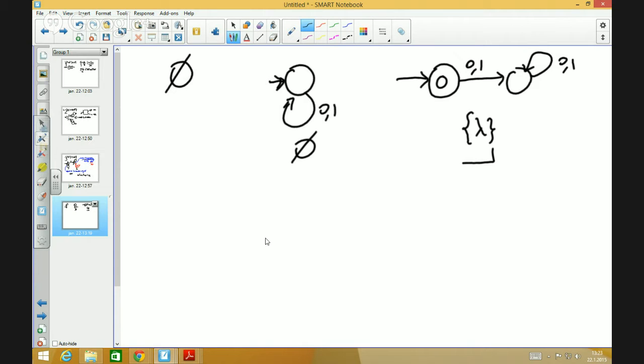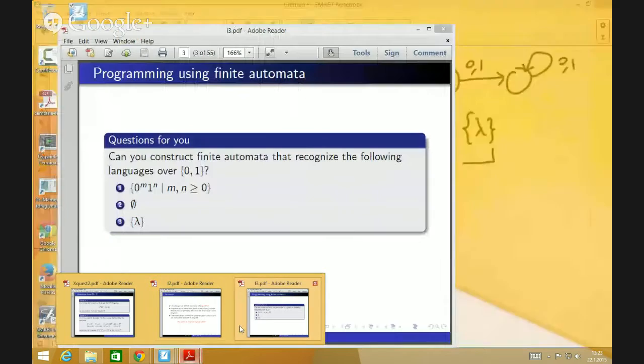So these are two different automata. This one only accepts the empty string. This one accepts nothing. No string at all. So far, so good? Excellent. So we are warmed up.